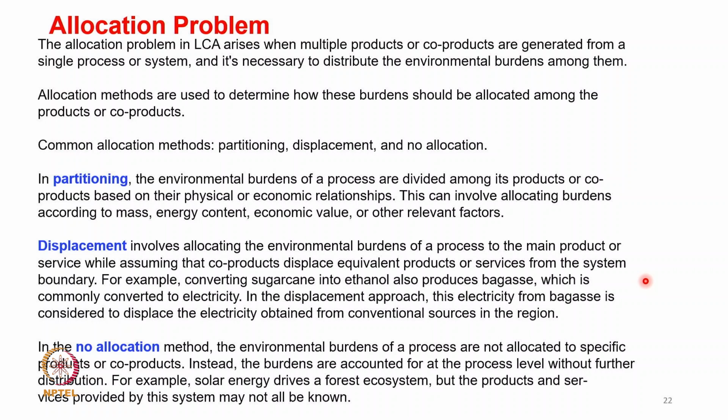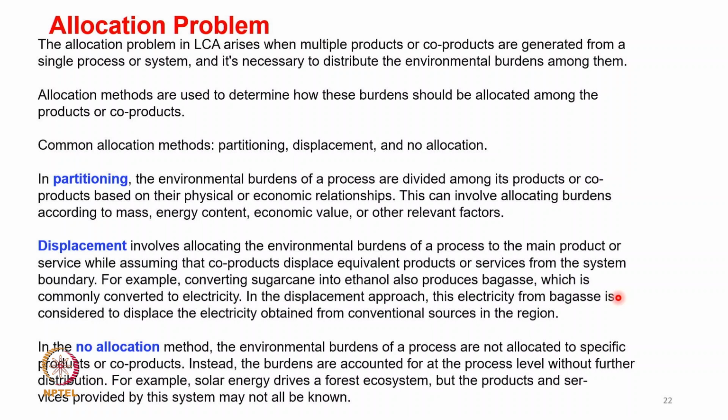In this displacement-based approach, the electricity from the bagasse is considered to displace electricity from the conventional source obtained from that region, because sugarcane actually absorbs CO2 when it grows, and you use that when you make the electricity. So you may assume that some of the emissions are displaced because your process now uses a raw material that actually absorbs CO2.